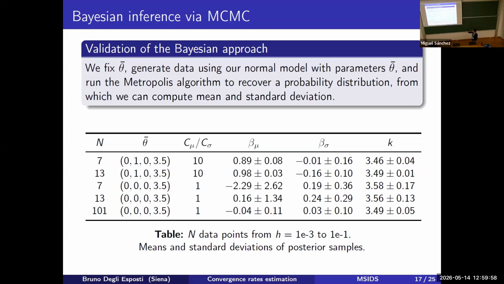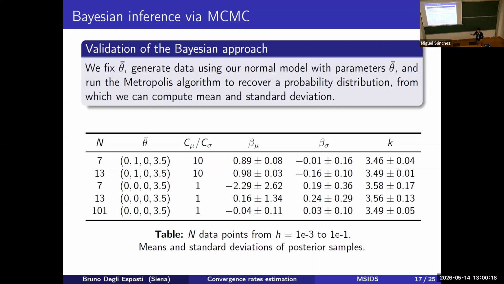So for example, here, we have 3.5 as the order of convergence. C mu is 10 and C sigma is 1. And that's because this one is the beta, so the exponent 10 to the first gives us C mu equal to 10. So the ratio is 10, is away from 1.